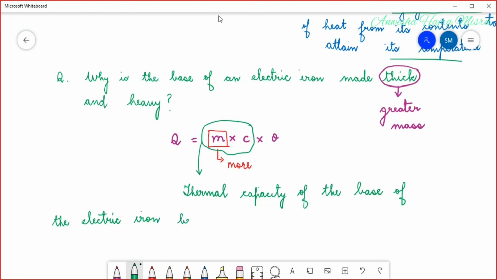This is one keyword. Thermal capacity becomes large.